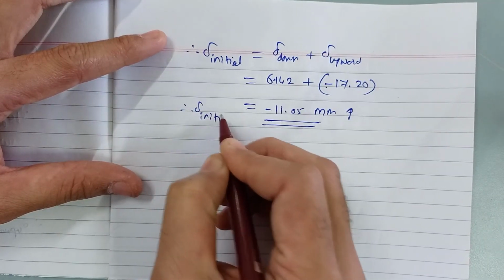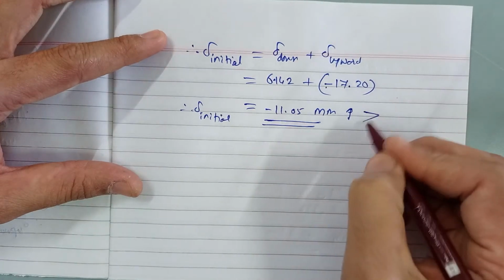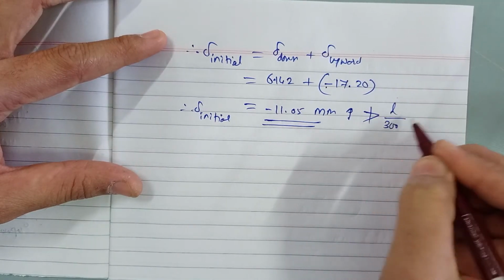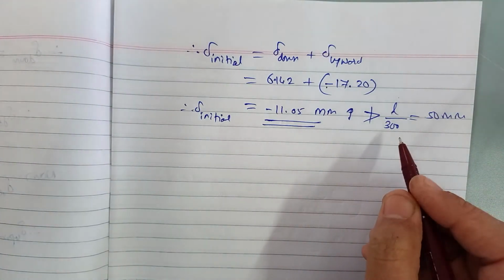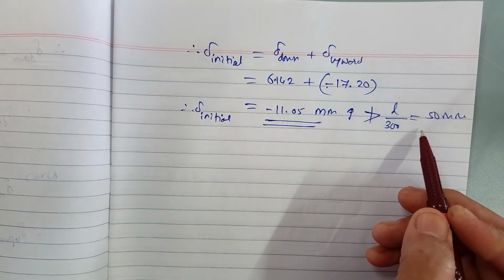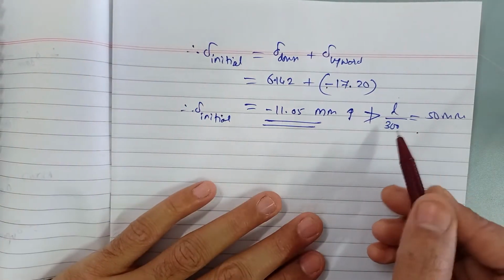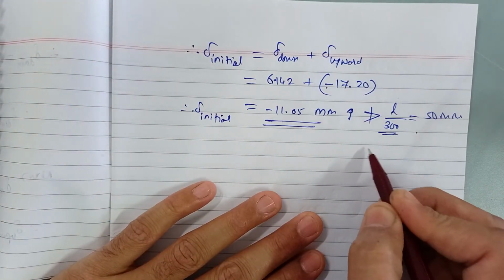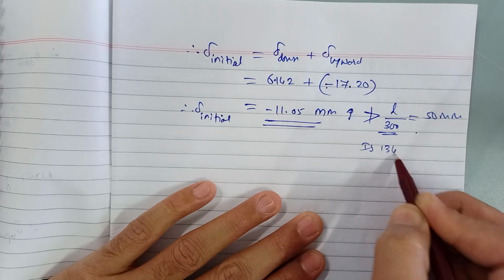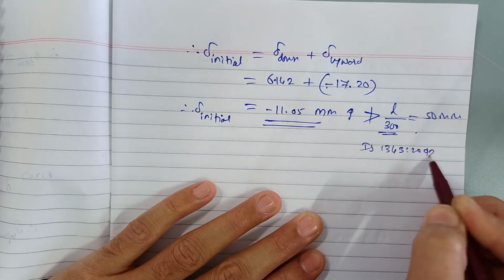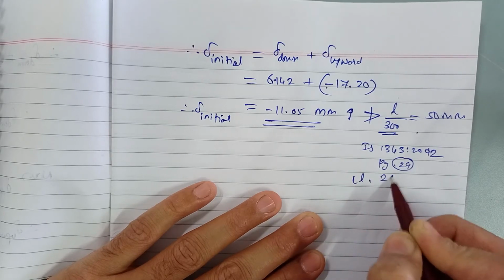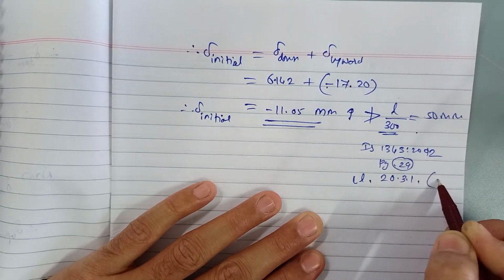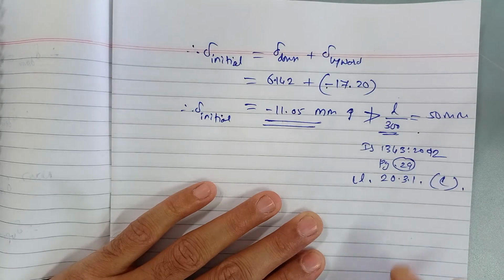Delta initial should not be greater than L by 300, that is 50 mm. And again we have considered this L by 300 from IS 1343 2012, page 29, clause 20.3.1, under that C. Here you can have a look.